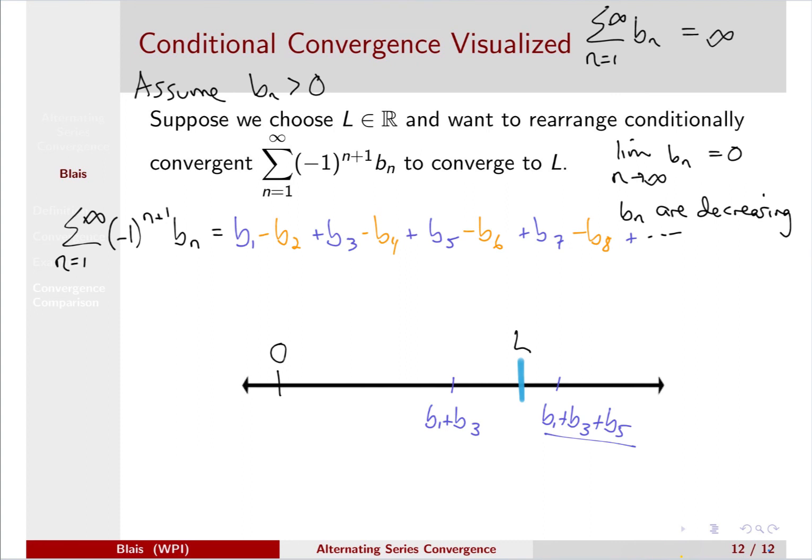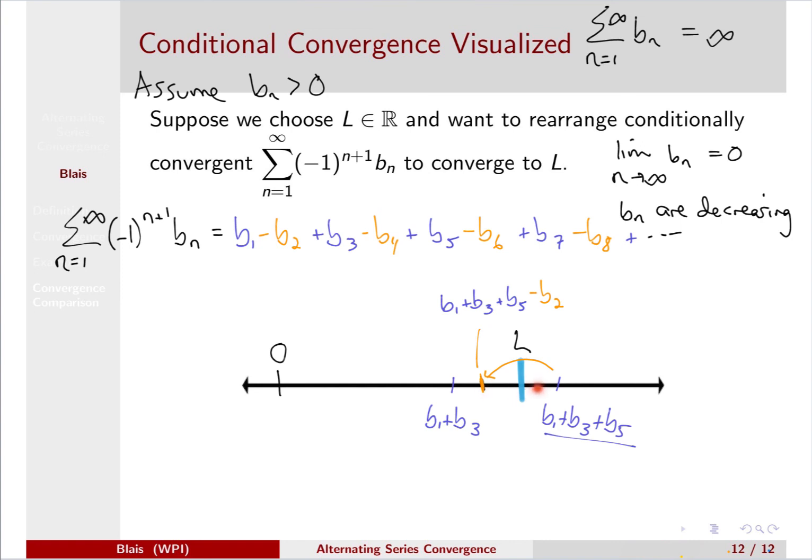But then maybe if we subtract, see, our first negative term is b2. So if we subtract b2, maybe that gets us here. So this point here would be b1 plus b3 plus b5 minus b2.